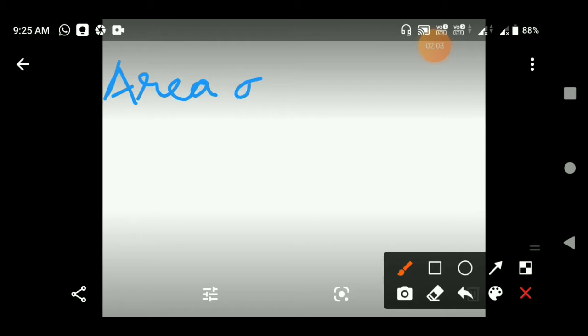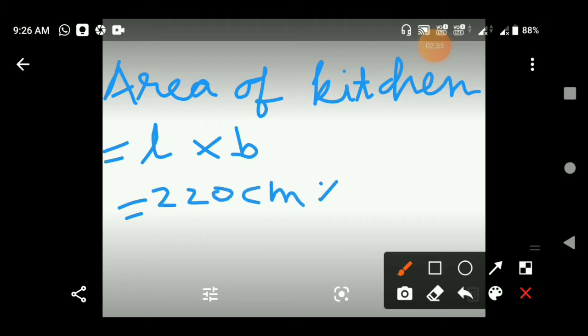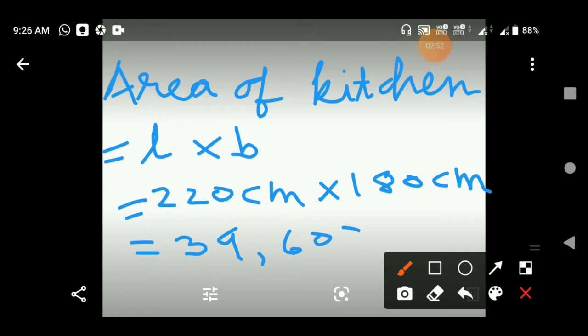Area of the kitchen, length into breadth. So here length is given 220 centimeter and width is 180 centimeter. So 220 centimeter into 180 centimeter. If we multiply 220 by 180, we will get 39,600 square centimeter.